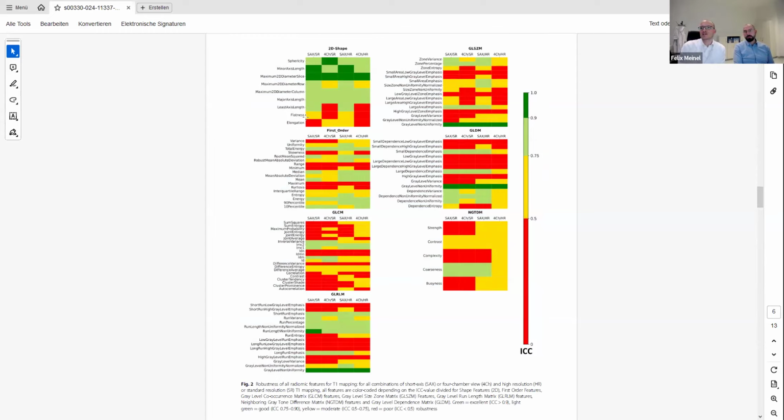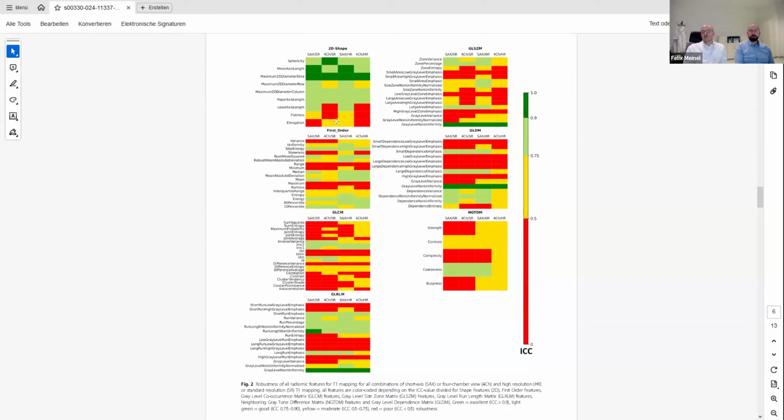So it's surprising and interesting that we even saw that some of these features are not reproducible, even though we had the same person segment those maps in both scans. So it was not a question of inter-rater variability, but rather the same person. It was two different scans.